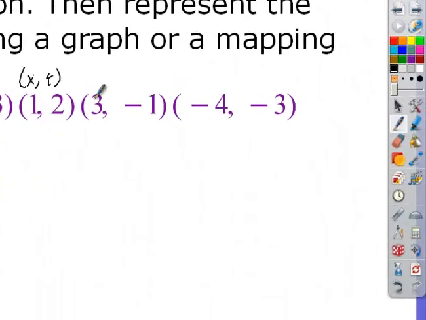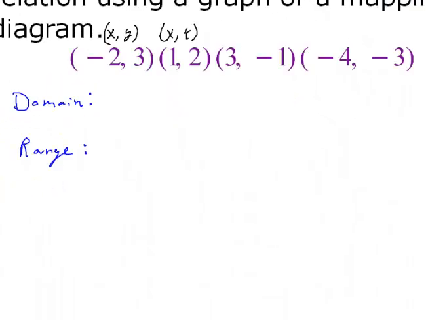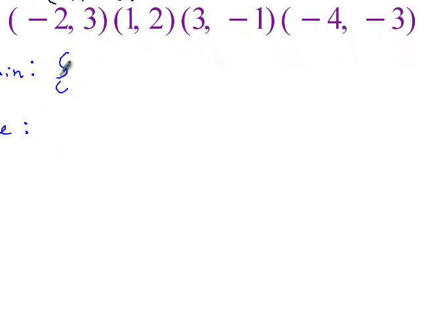So when I say domain, all I really want you to do is list the x values. But when you do, we do not need to worry about repeats, but we do want to list the domain in order from smallest to biggest. So I'm going to use a curly bracket here, and what that identifies to the reader is that we are in fact talking about a set of numbers.